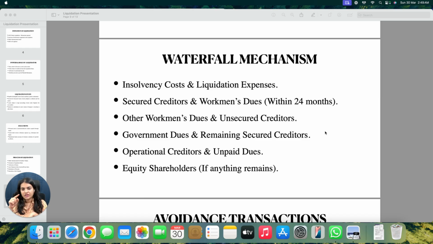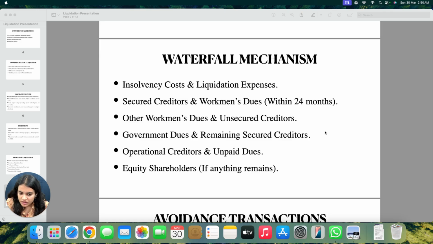Remaining secured creditors are the ones who have not relinquished their security interest into the liquidation estate, but after having their security interest realized under section 52, have an amount yet to be realized. If their full debt amount is not realized under section 52, then they may come under this strata in the waterfall mechanism.